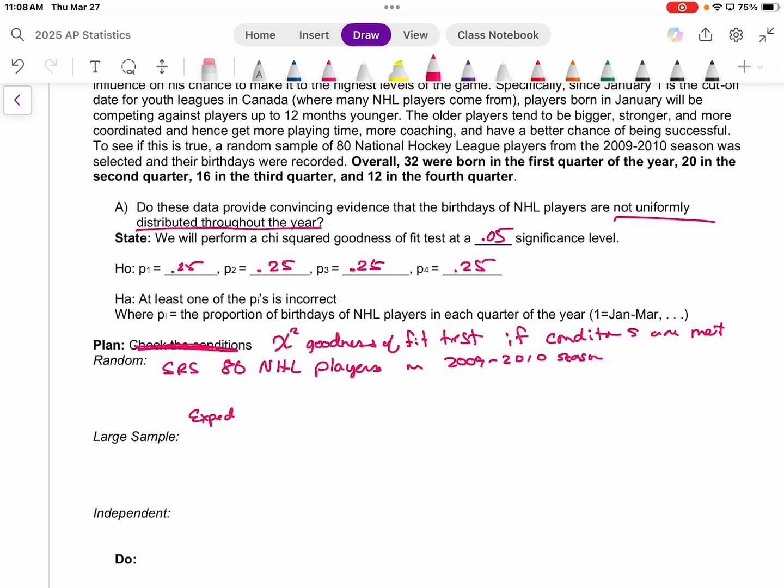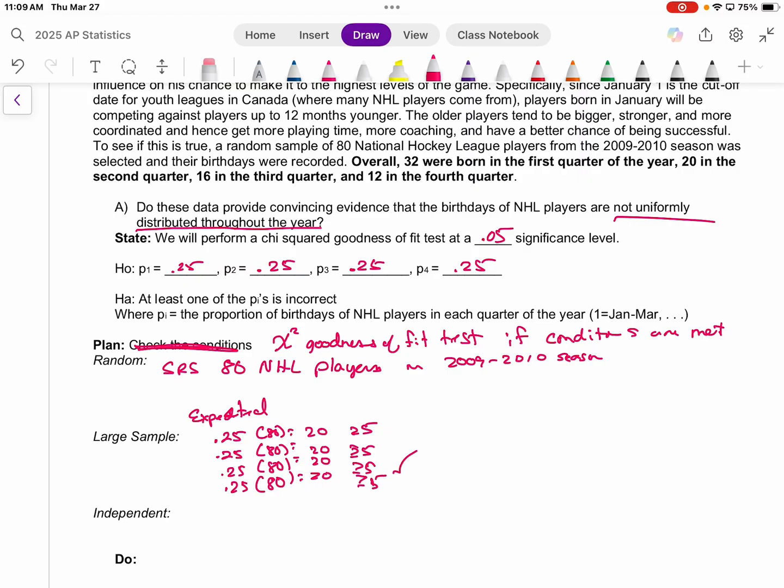Our expected was 25% for each one, and 80 people was our sample size. That would give me 20. We're expecting that it was evenly or uniformly distributed, so everybody was the same. Again, those are all greater than or equal to 5, so we do meet the large count condition.